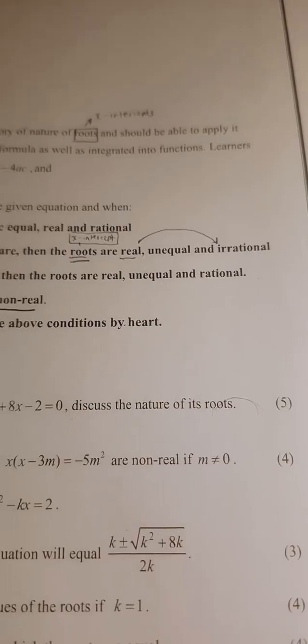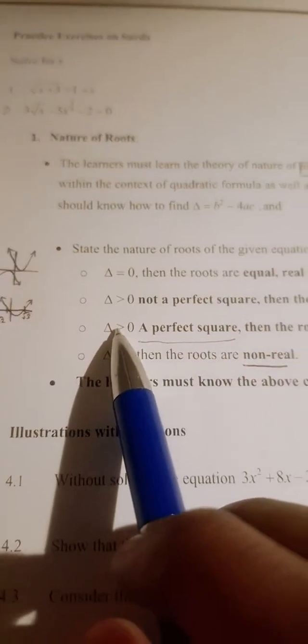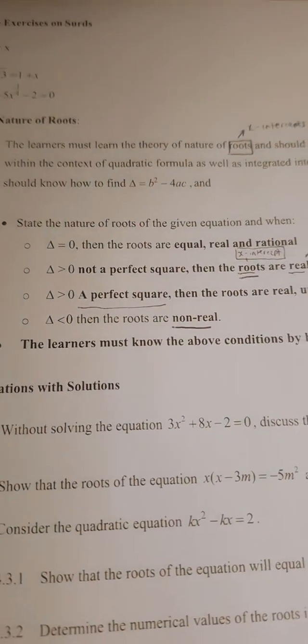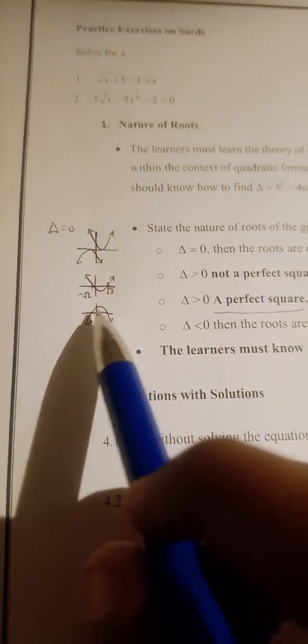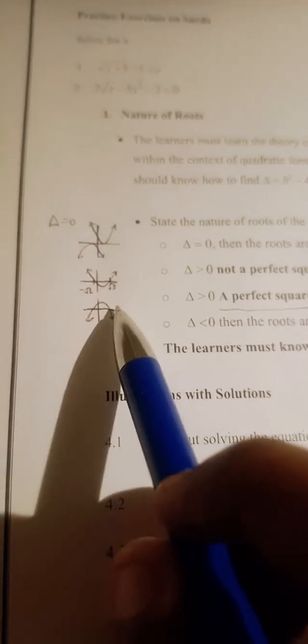Okay? So an example of something that is a perfect square would be when delta is equal to 25. 25 is a perfect square number, guys. So that then means, graphically, what can you expect to see when the roots are rational? You are going to have two unequal roots. In other words, two unequal x-intercepts.